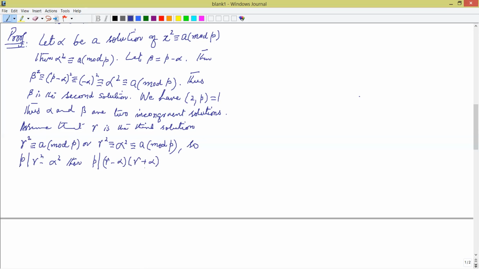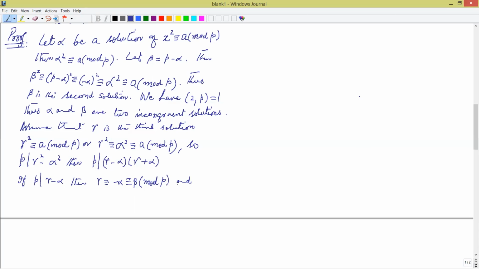If P divides gamma plus alpha, then gamma is congruent to minus alpha, which is congruent to beta modulo P.